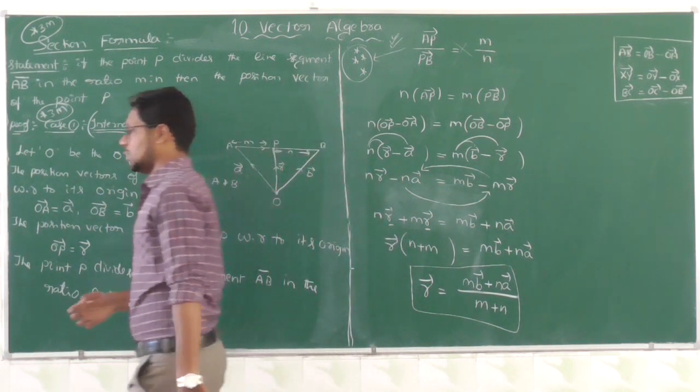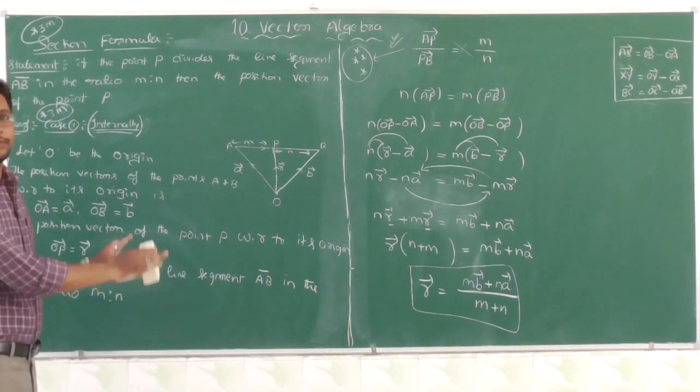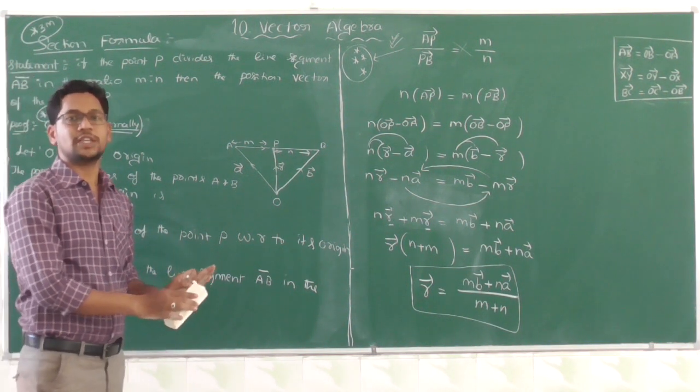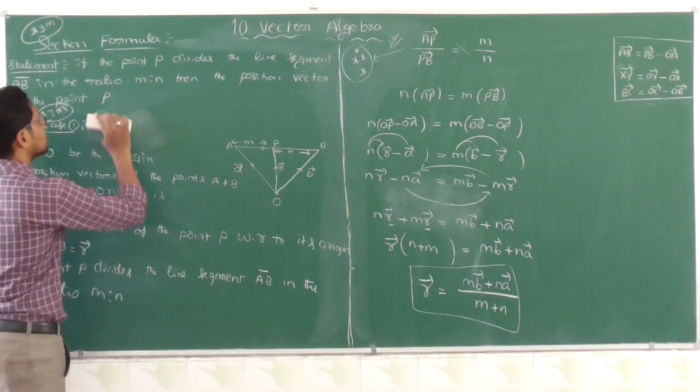Next, let us prove the second case. The first case is important. The second case is not that important for our examination, even though I will prove the second case also.